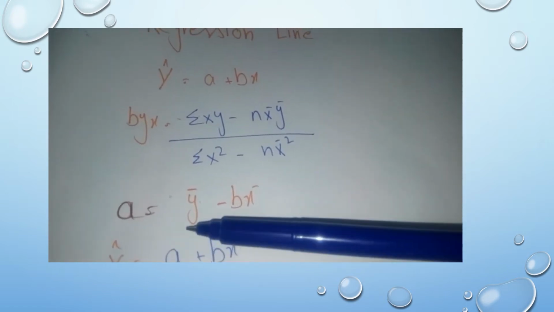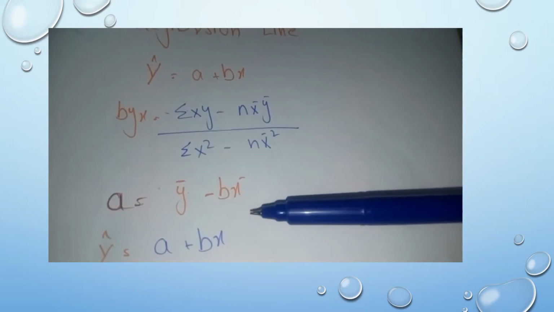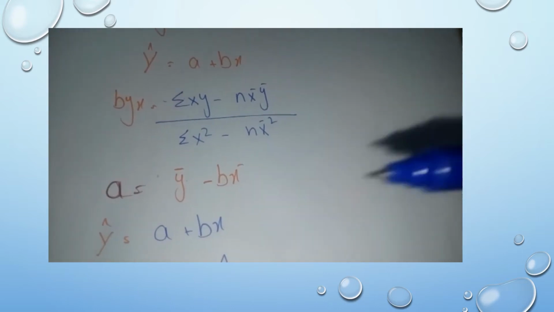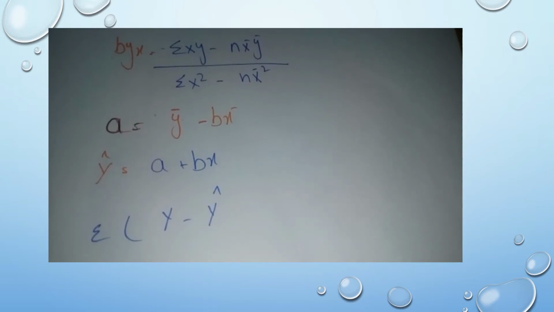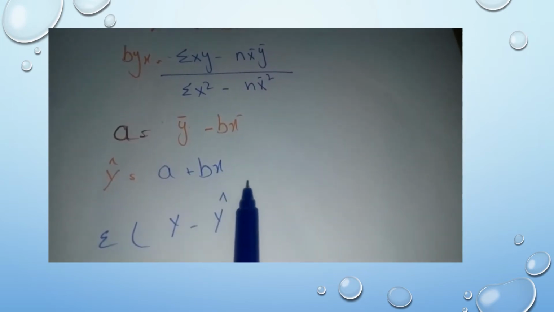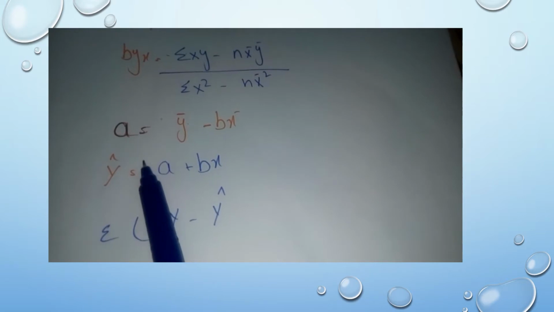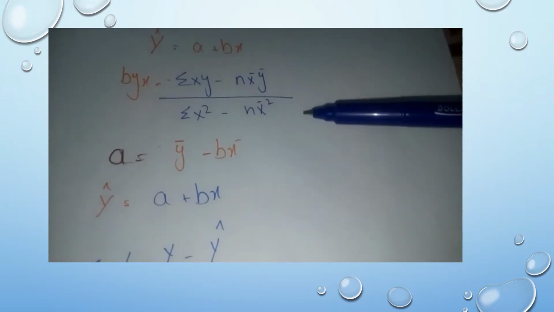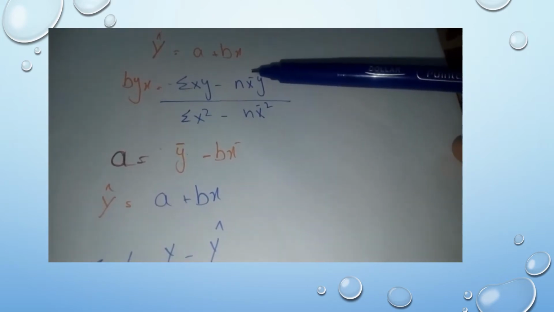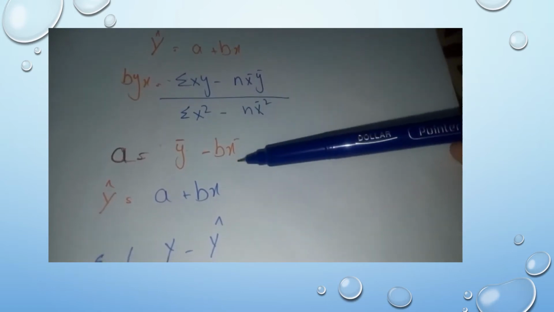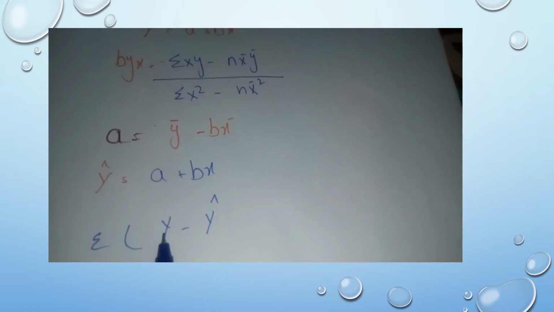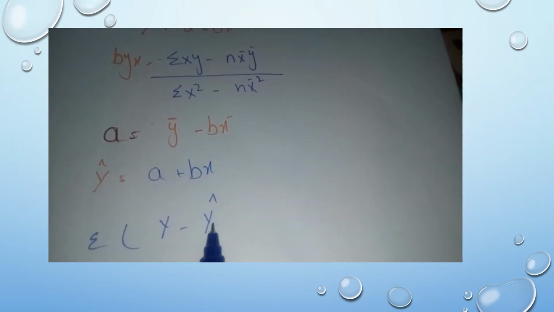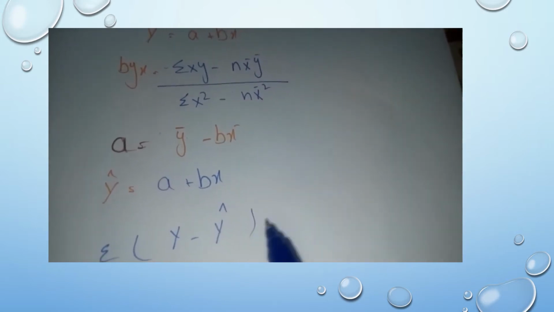So a is equal to y mean minus b x mean, and y hat is equal to a plus bx. So to find y hat, firstly we should determine byx and a, and the sum of the error, which is y minus y hat, is 0.